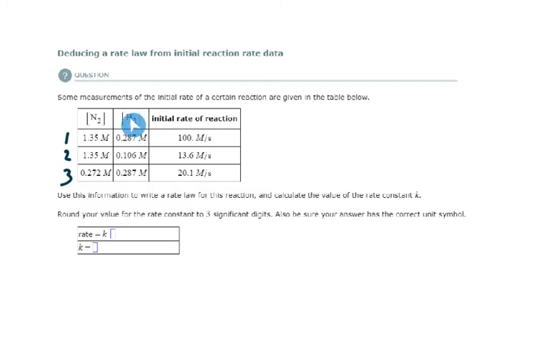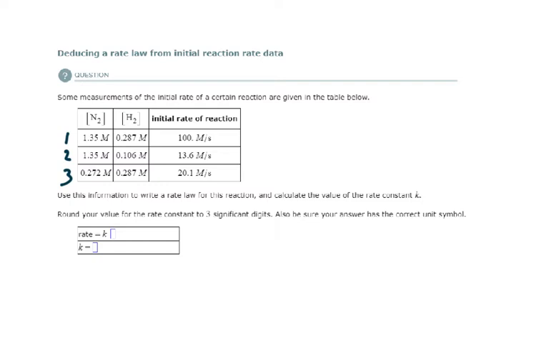I want this to be held constant because then I can eliminate it, throw it out and ignore it because the concentration doesn't change. I want to see how the initial rate of the reaction changes when I change the concentration of this and leave this the same.